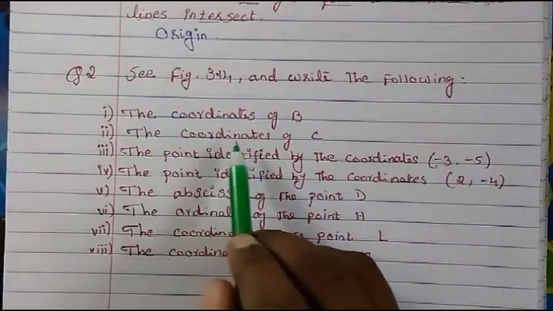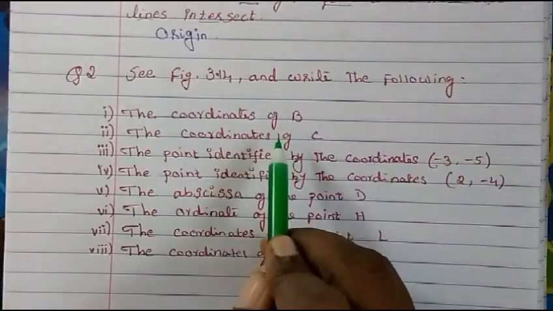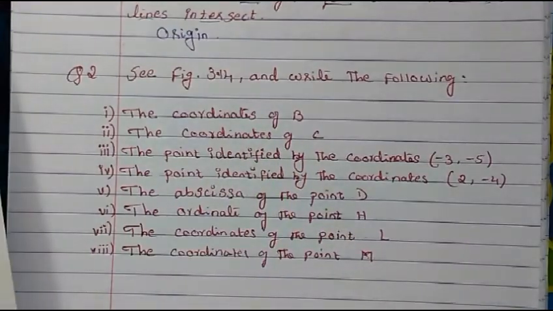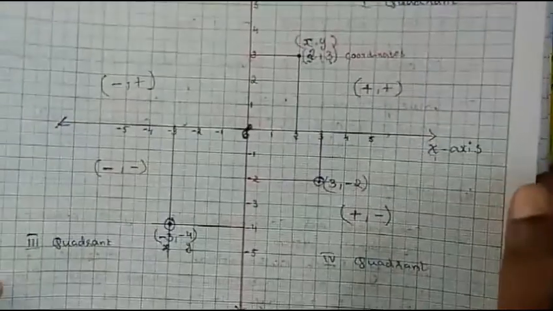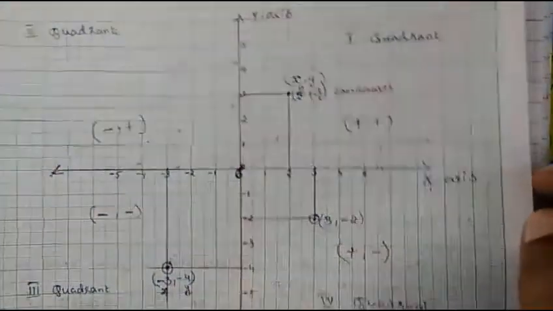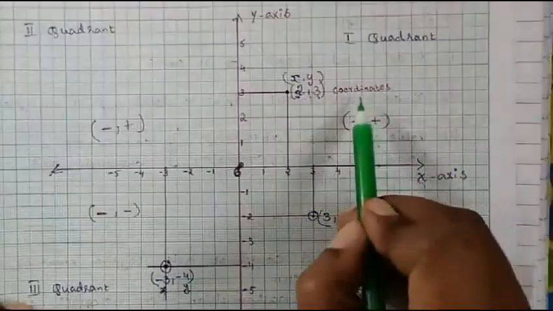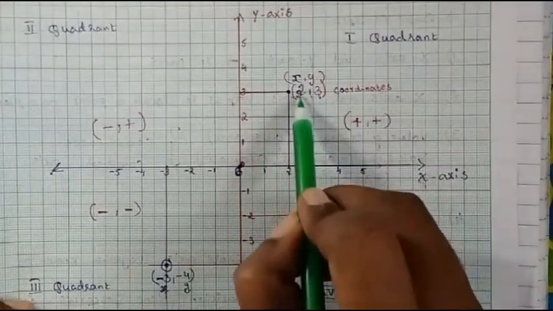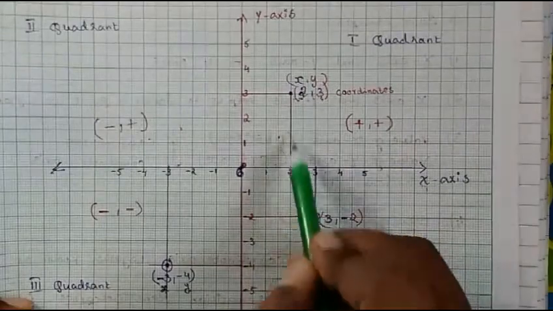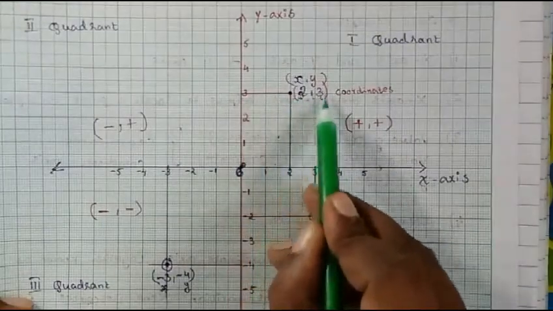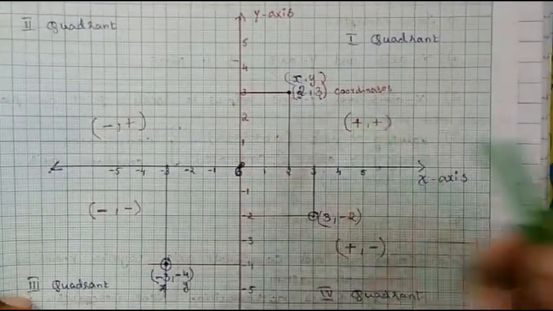First, the coordinates of B. I hope you are still remembering, in the introduction part I have explained all these things. What is called coordinates? Coordinates mean the value of x and the value of y. So the value of x and then the value of y, this we call coordinates.